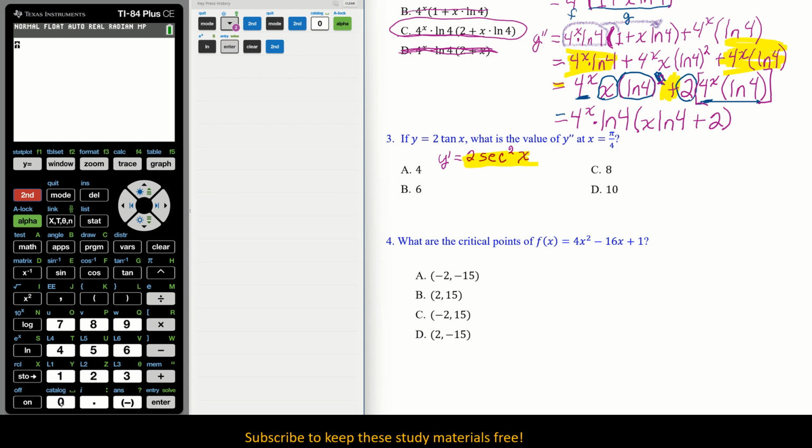Let's try this again. Alpha ln. My calculator does, okay, never mind. Let's go back and just go catalog, and watch me. I'll arrow up to S. I think it's a little shorter if you go from the bottom. Either way, we'll go to secant.